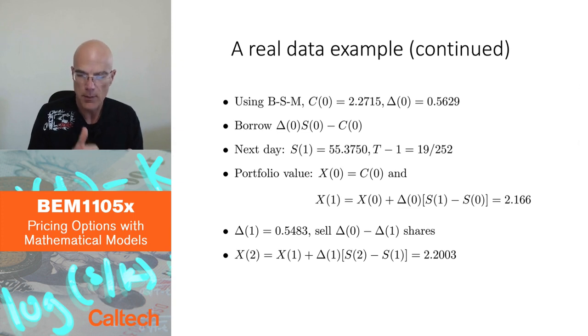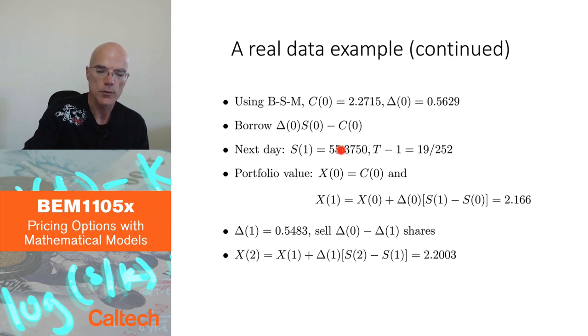Here this is dynamically consistent. My theory says, yeah, this is what you need to do, just rebalance using a new delta. So to compute the new delta, I have to use the new stock price. I have to use the new time to maturity, which is now 19 days remaining over 252 in terms of years.